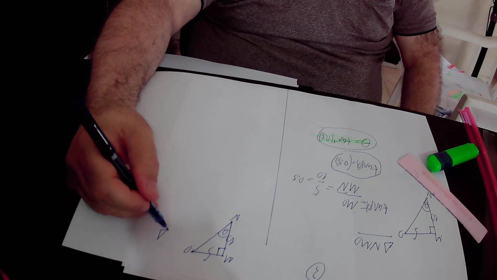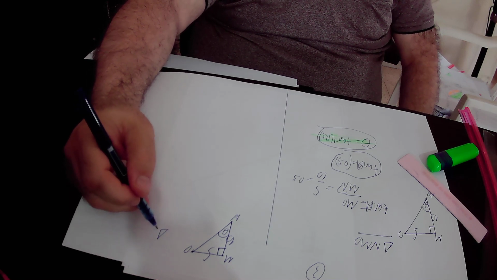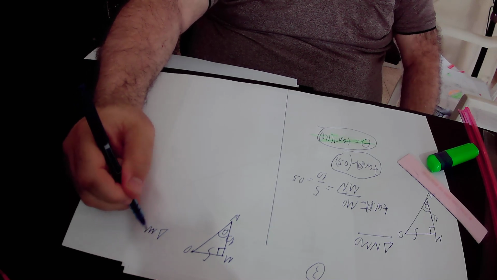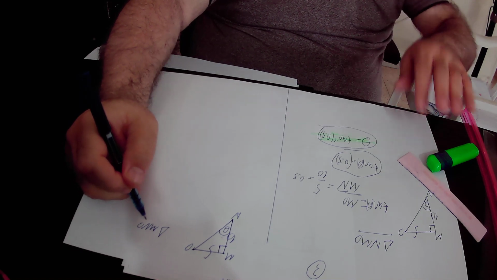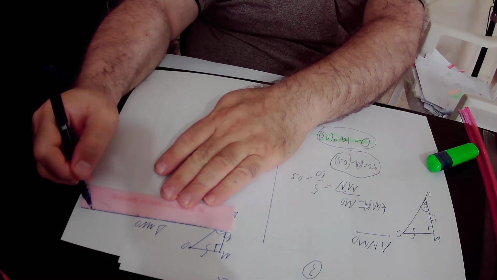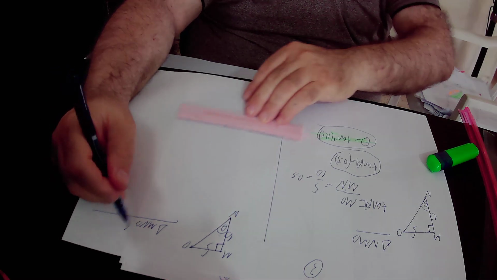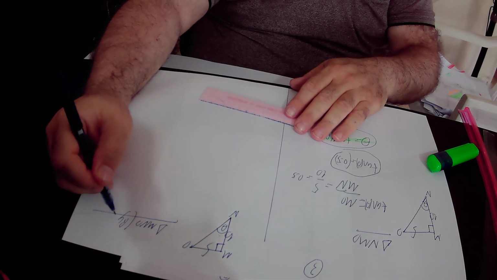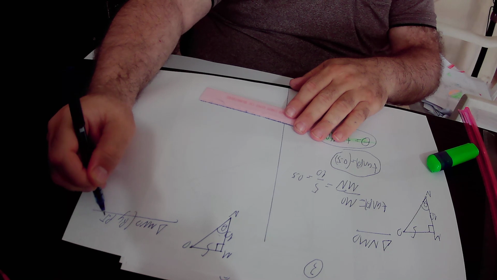In the right triangle MNO, we'll use the Pythagorean theorem to find the length of the hypotenuse.